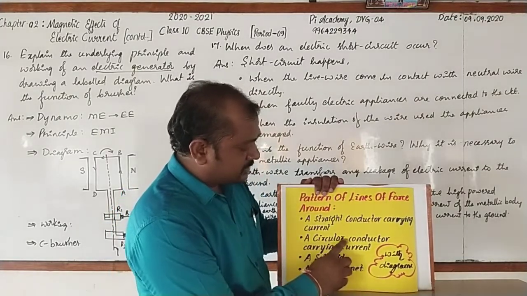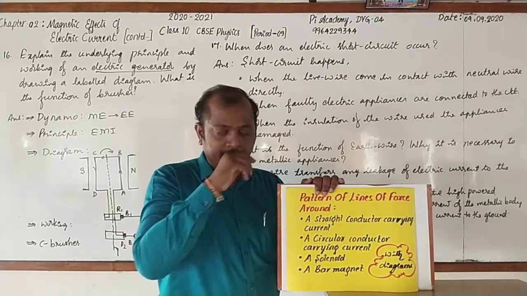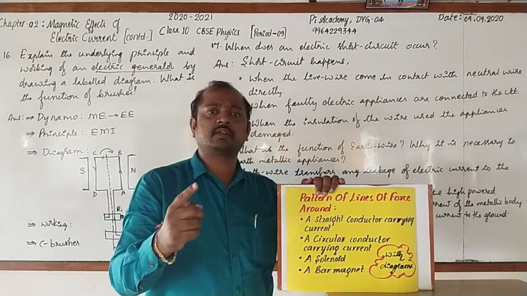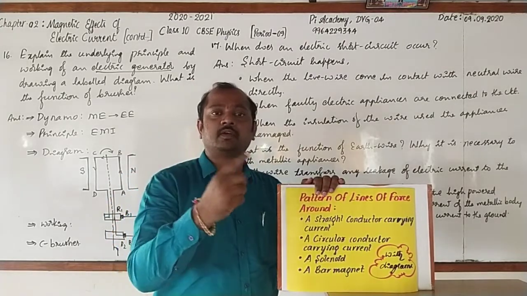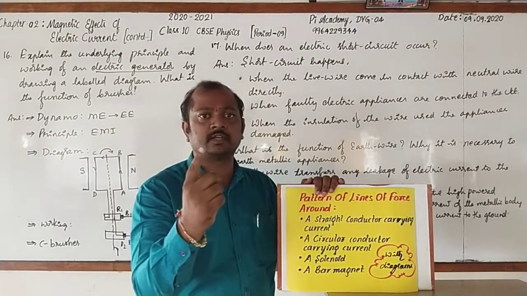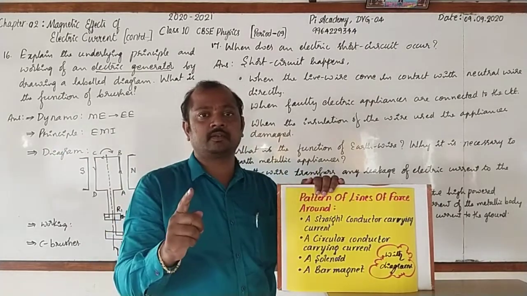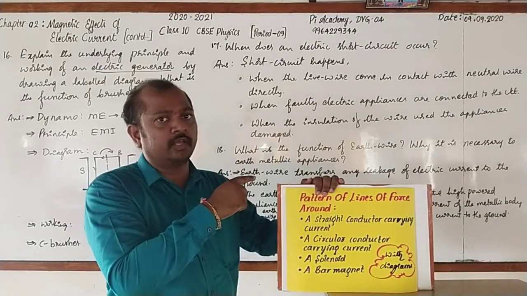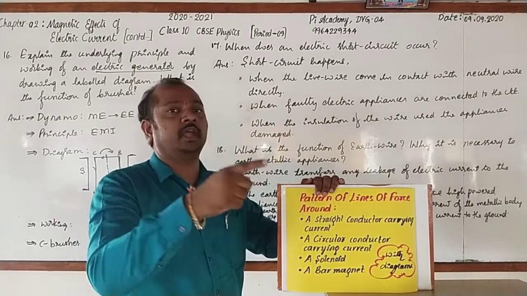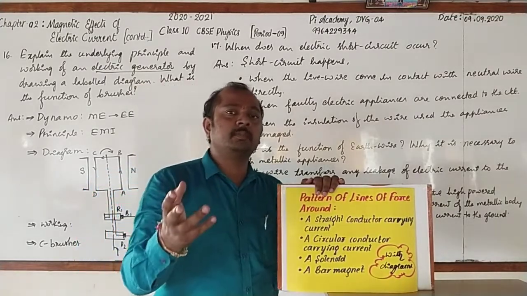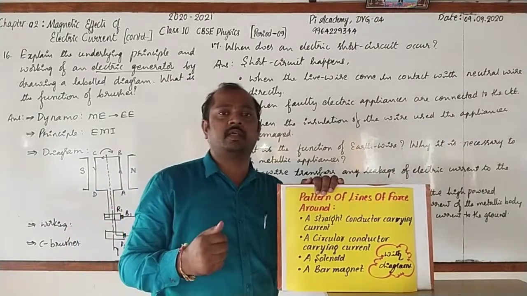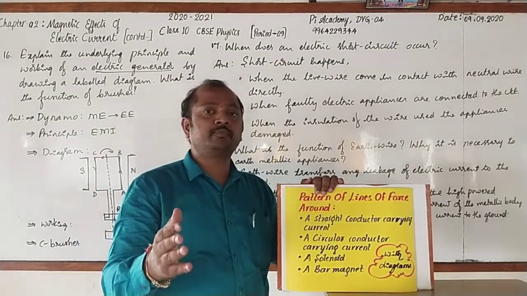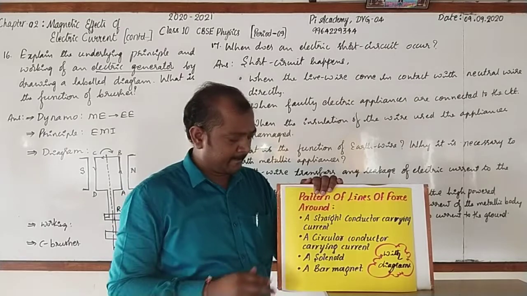Then another one is a circular conductor carrying current. In this case, the pattern of lines of force is concentric circles near the conductor. But at the middle of the coil, it will be straight and parallel. What do you call the magnetic lines of force which are straight and parallel? It is a uniform magnetic field.